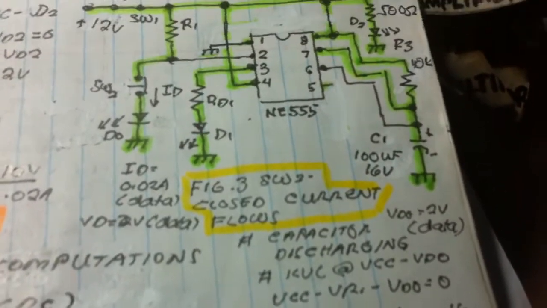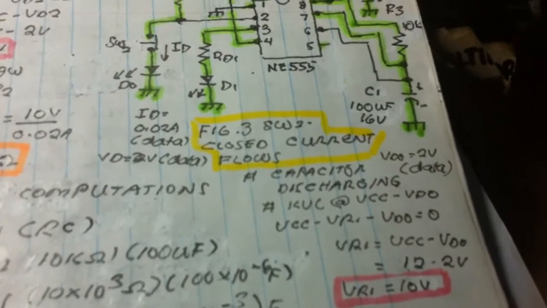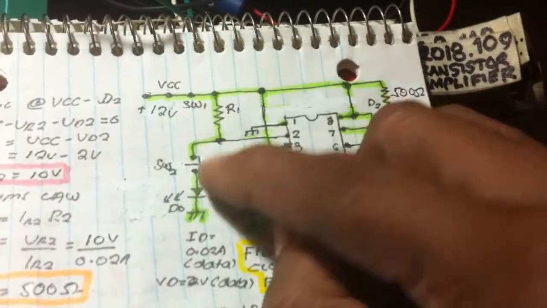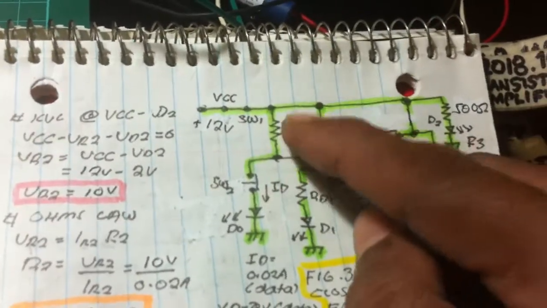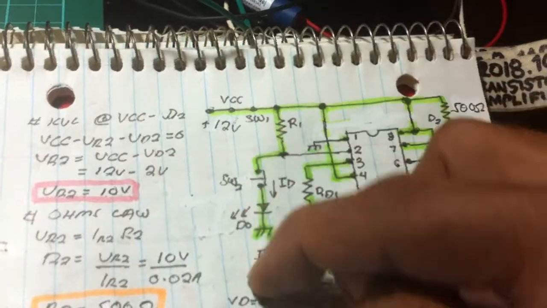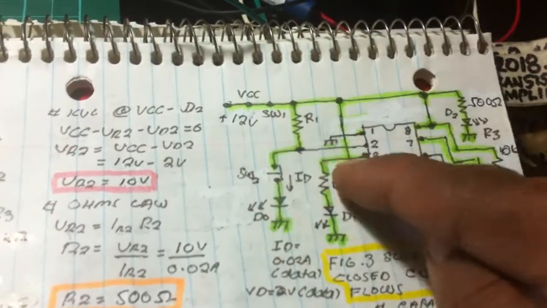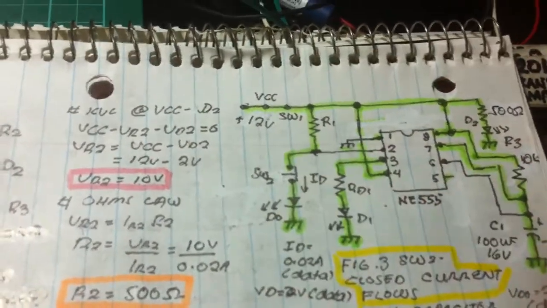And since the capacitor is discharging, we're now going to compute the value of R1. When you press the button, the state goes from high level to low level. Current flows into the ground, from logic 1 to logic 0. There's no current flowing at pin number 2. It goes to the ground, putting the circuit in logic 0.